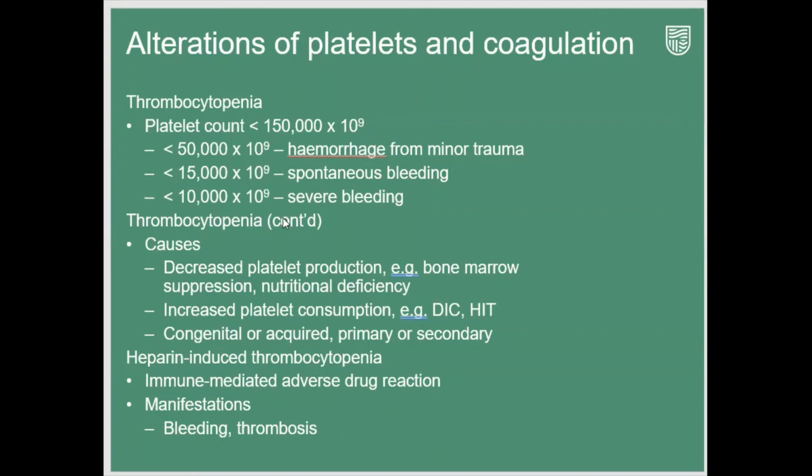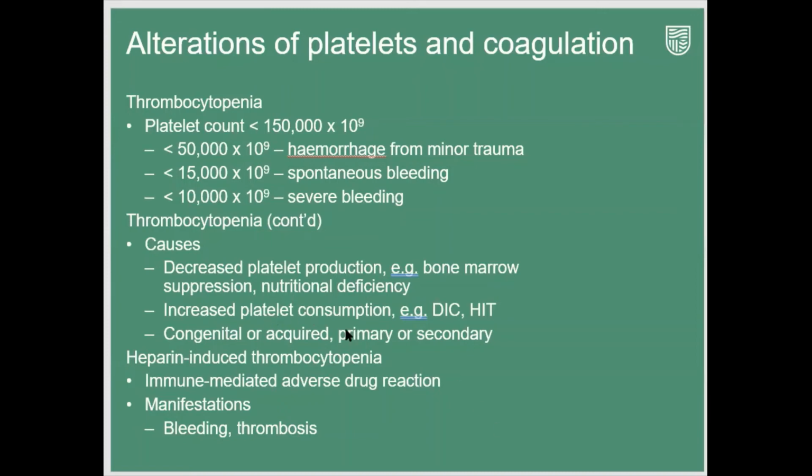Okay, the greater the decrease in platelet count, the greater the risk of bleeding. It can result from a decrease in platelet production, a decrease in platelet survival, or an increase in platelet consumption.